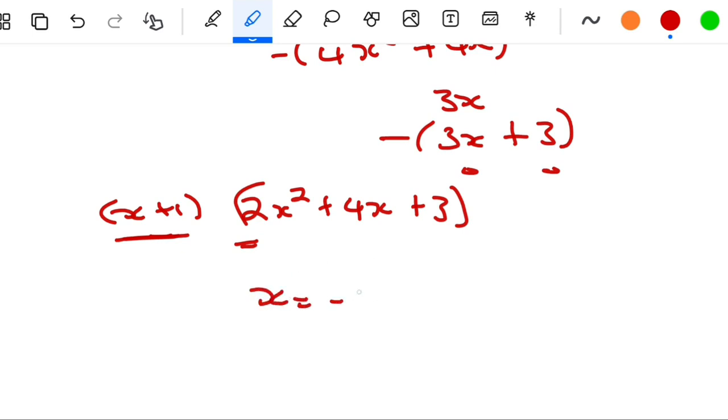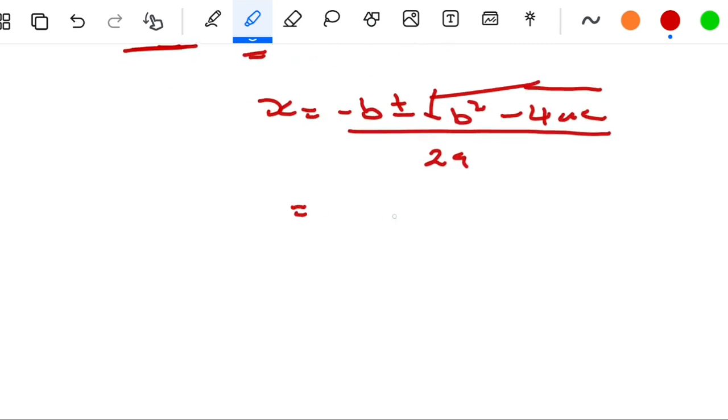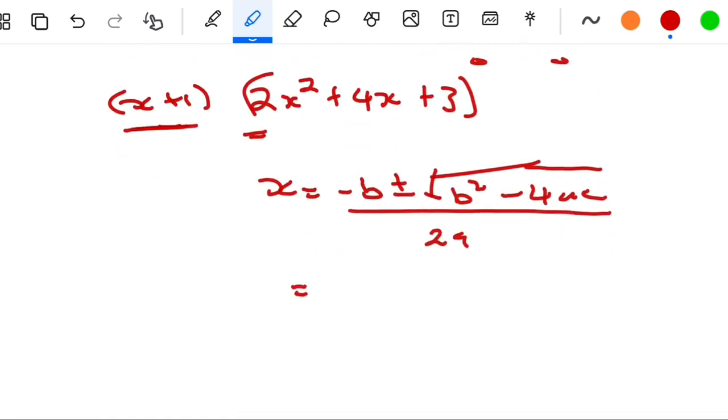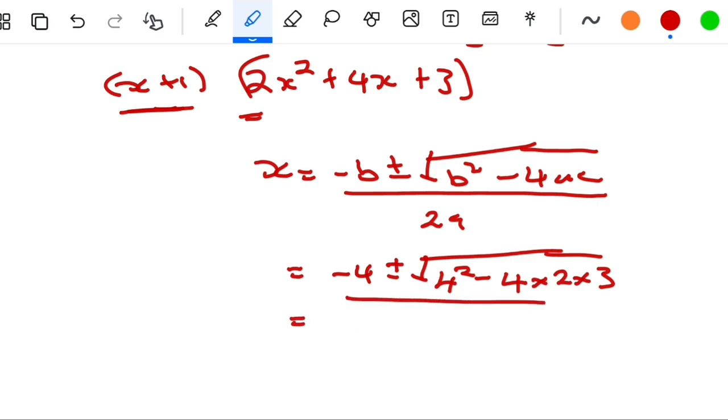x equals negative b plus or minus root of b squared minus 4ac over 2a. So let's do that. Our minus b there is minus 4 plus or minus root of 4 squared minus 4 times 2 times 3, over 2a, which is over 4.